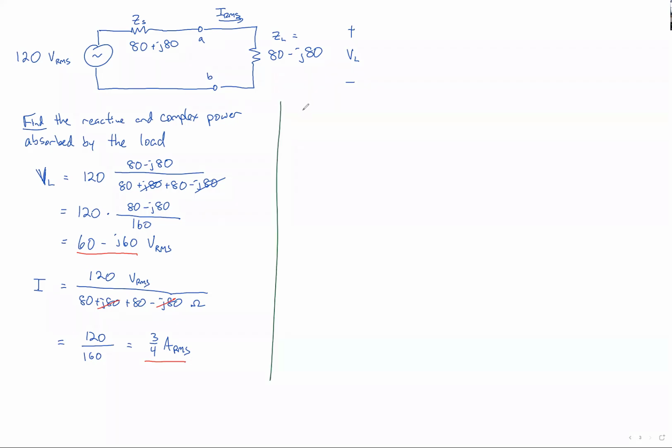So now we can solve our entire problem by saying that the complex power phasor, which is always equal to the RMS voltage phasor multiplied by the complex conjugate of the current phasor, which will be equal to 60 minus J60 times 3/4.